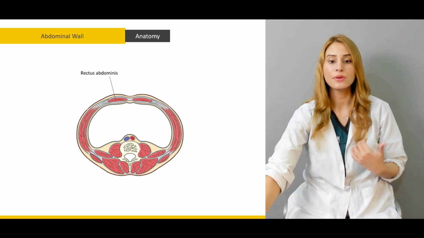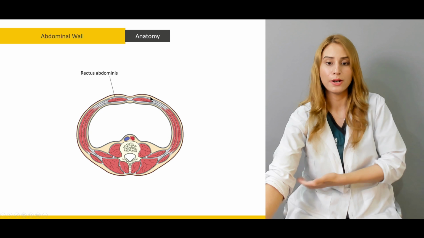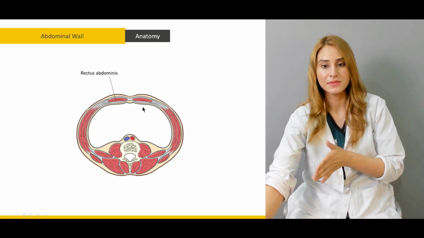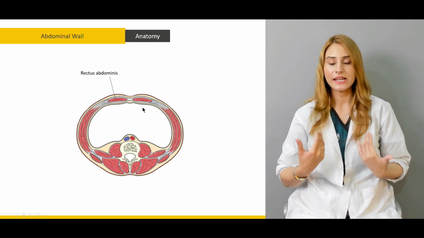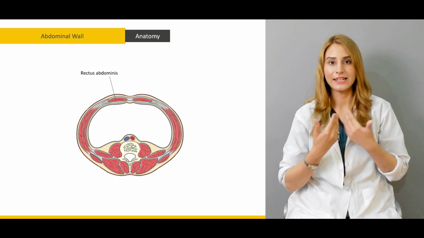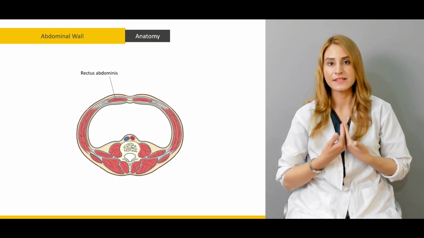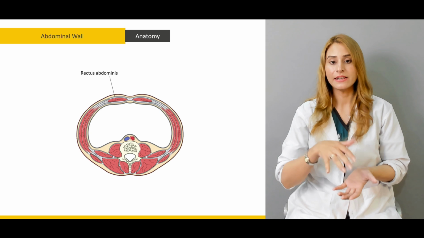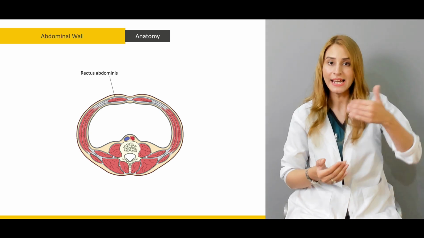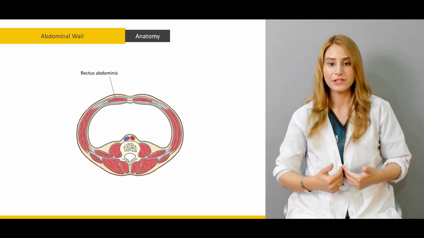And let me tell you that these are on both sides. This is rectus abdominis on the right side, and this is rectus abdominis on the left side. In the midline, basically they're joined together, and in the midline there is the linea alba, and the rectus abdominis muscle is enclosed in a sheath, which is the anterior rectus sheath and the posterior rectus sheath.